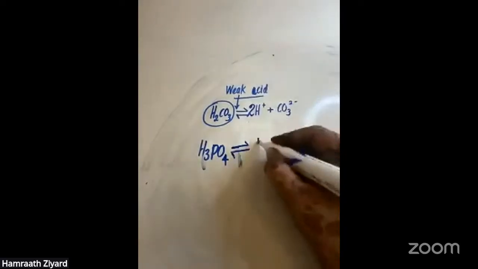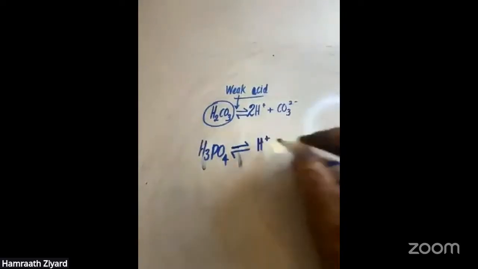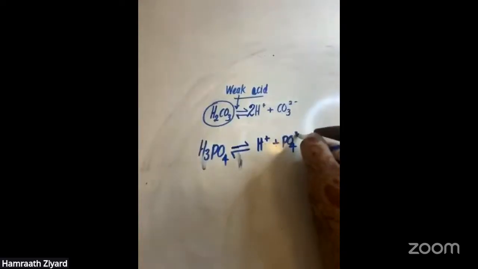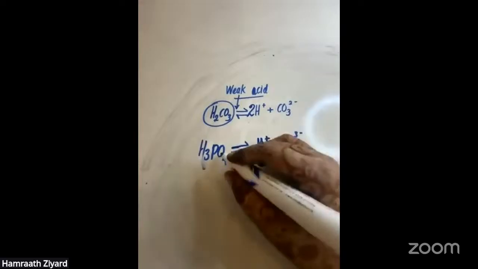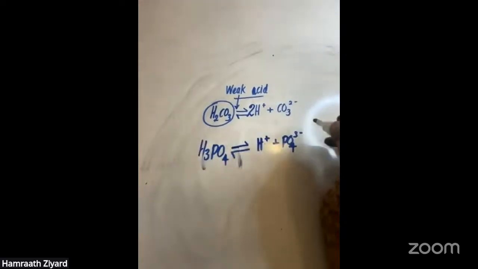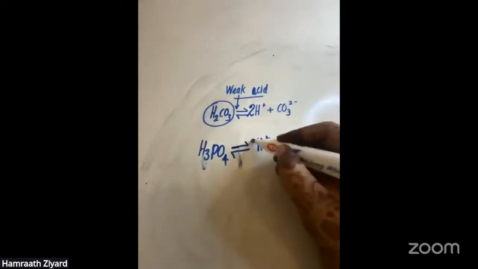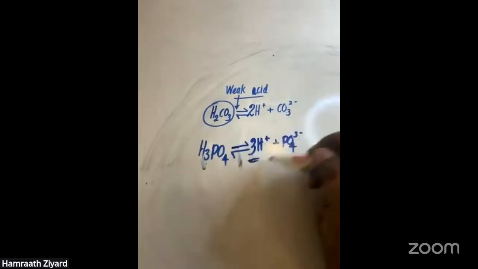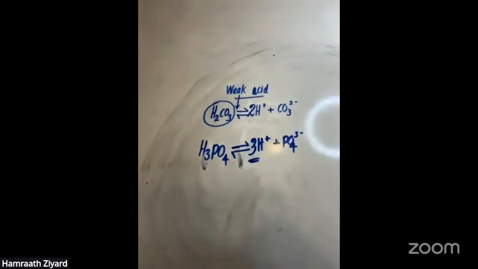You use these arrows and you will write H plus ion plus PO4 3 minus phosphate, both sides. And here 3 hydrogen, you can add a 3 in front of that to make sure they are well balanced.